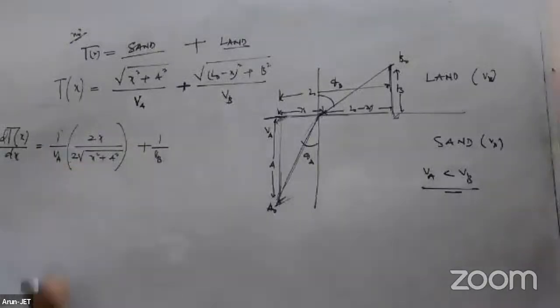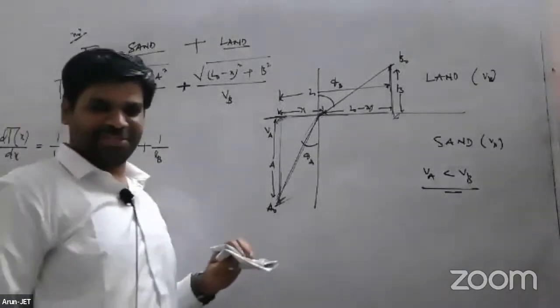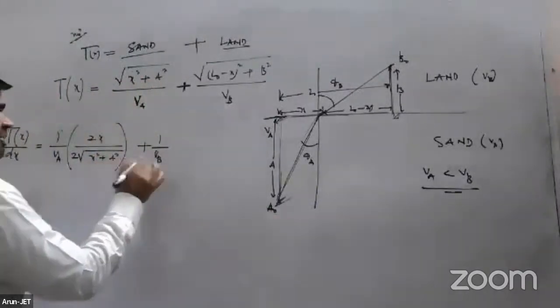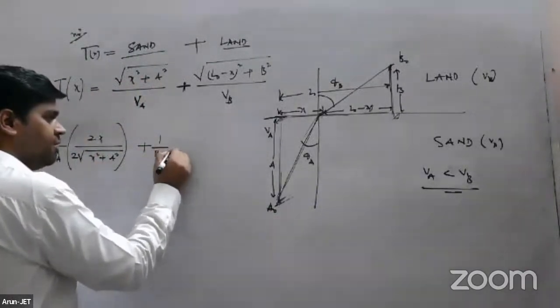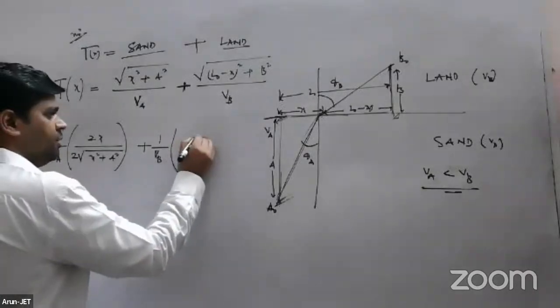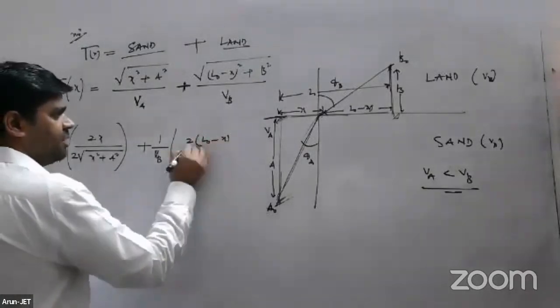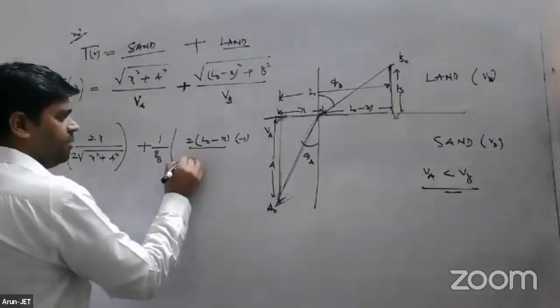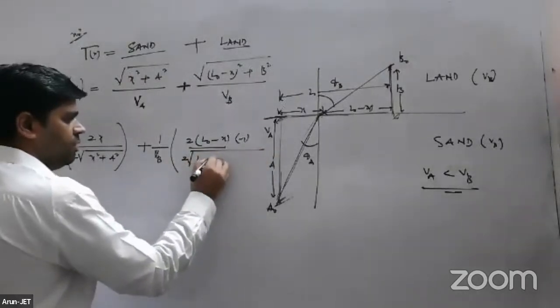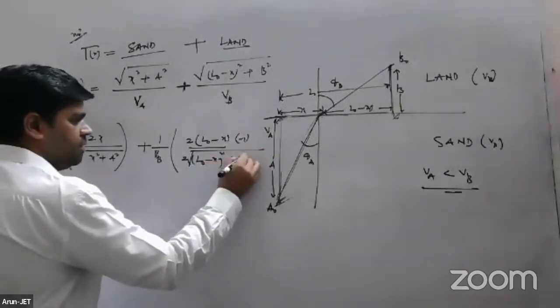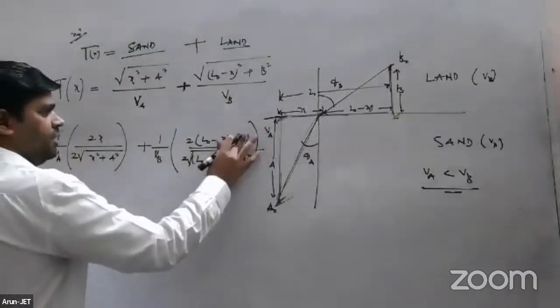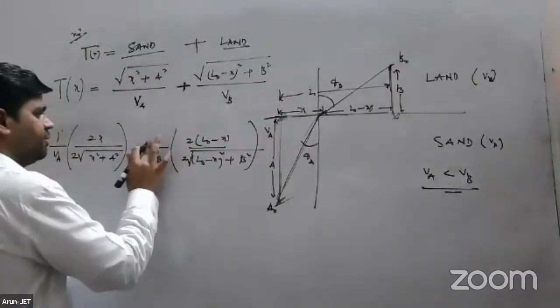Sir, you didn't write the 2 under root. You are right, thank you. Good. Plus 1 by VB times 2 into (L naught minus x) into minus 1 by 2 root of (L naught minus x) whole square plus b square. I take this minus 1 from here and put it here.